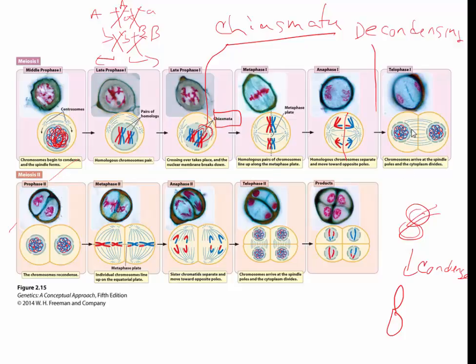Then we go down and start prophase 2, where they condense again and line up on the metaphase plate. Notice how this looks so much like mitosis. Now our chromatids separate. Then they spread out again.